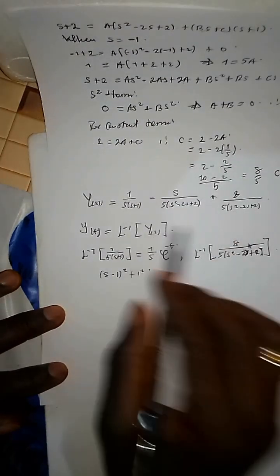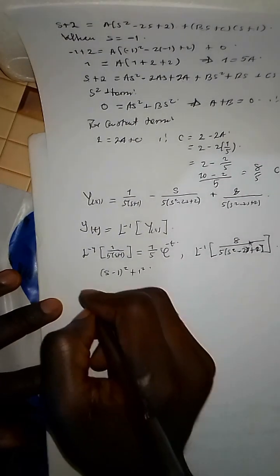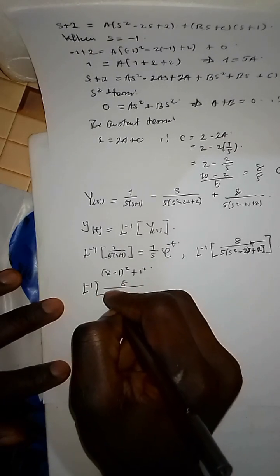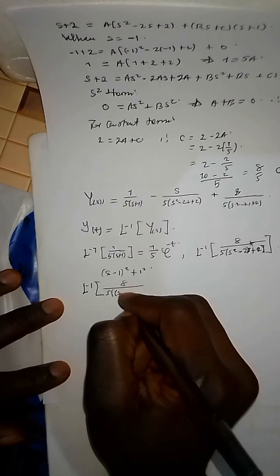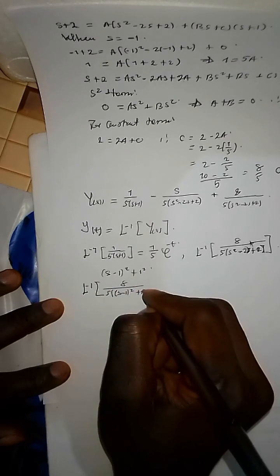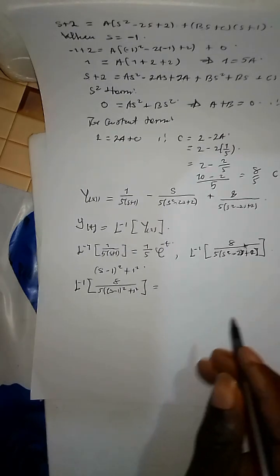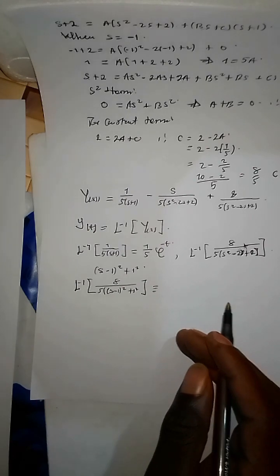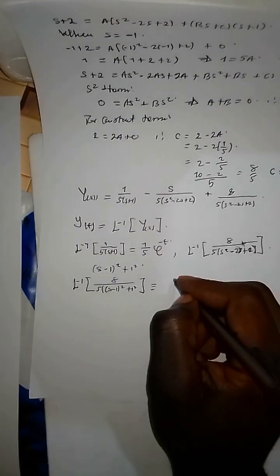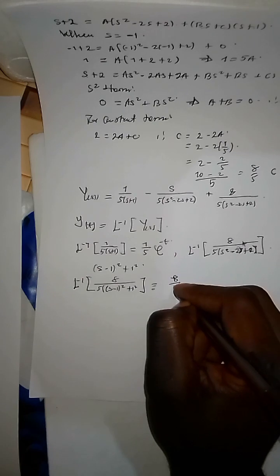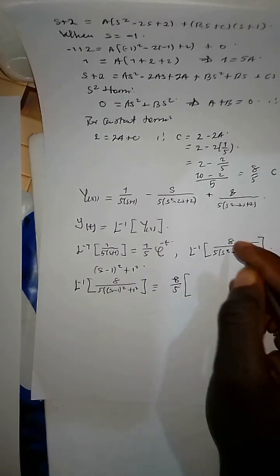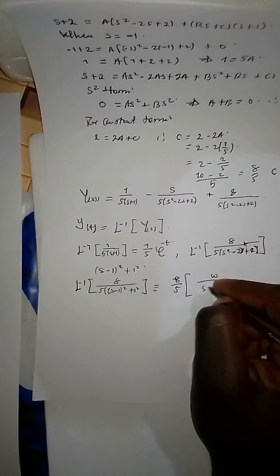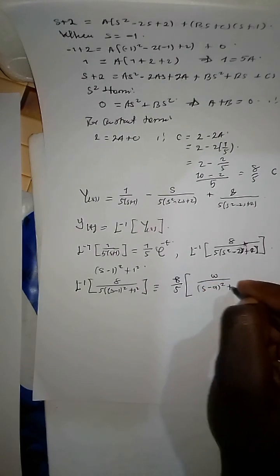Therefore, the inverse Laplace transform of 8 all over 5 into s minus 1 squared plus 1 squared is the same as, we'll factorize 8 all over 5. This function is now the same as omega all over s minus a all squared plus omega squared.